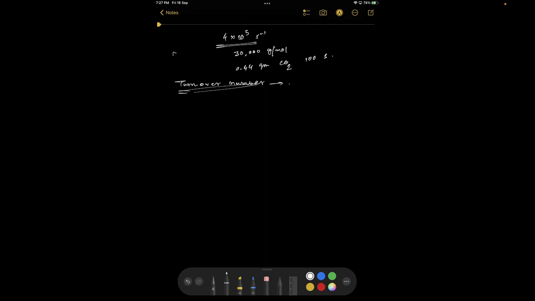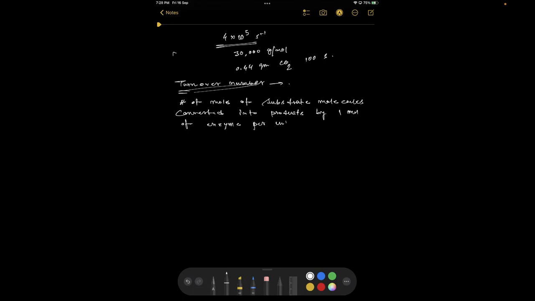Turnover number is basically the number of moles of substrate molecule converted into product by 1 mole of enzyme per unit time, or per second.